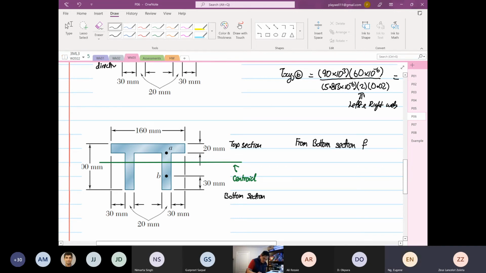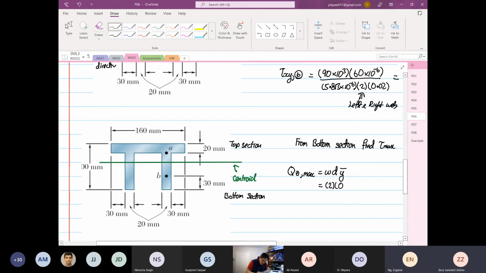For the bottom section, we're going to find tau max. That's our tau max. So we find our Q, Z, and it's going to be at its maximum. So this will become width, depth, y bar. The width is 0.02, or twice, because you got left and right.